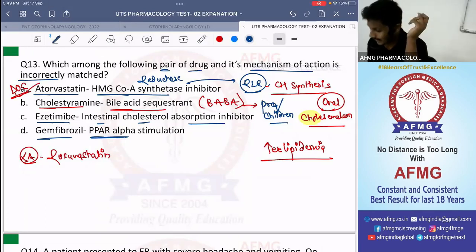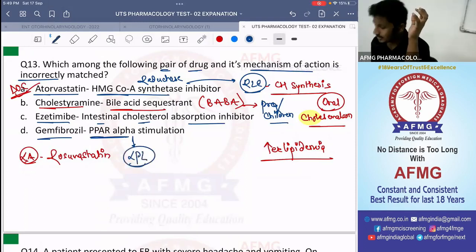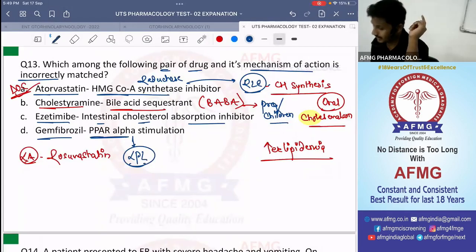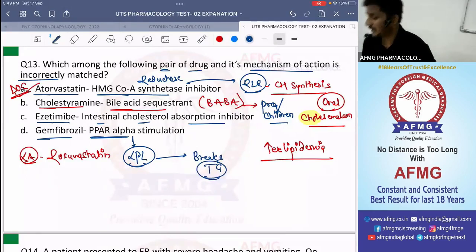Once they stimulate this PPAR alpha receptor, it activates the anabolic enzyme LPL, that is lipoprotein lipase. And what does this lipoprotein lipase do? It mainly breaks triglycerides, therefore decreasing the level of triglycerides inside the body.